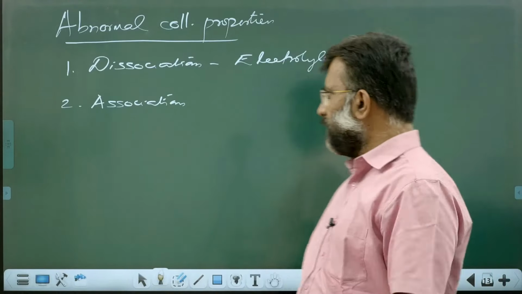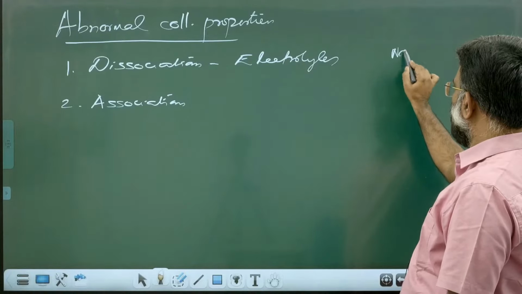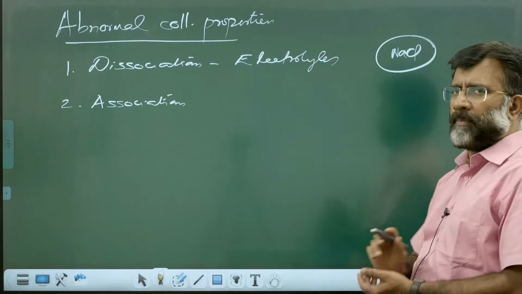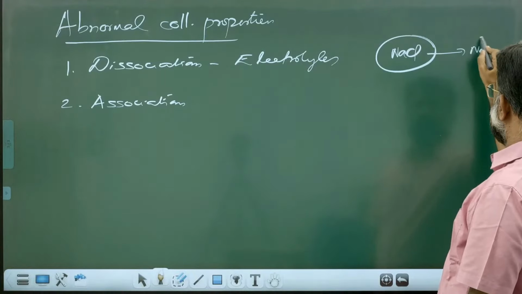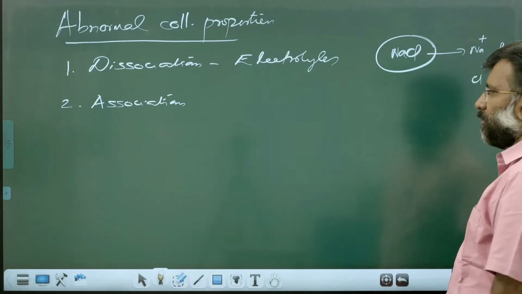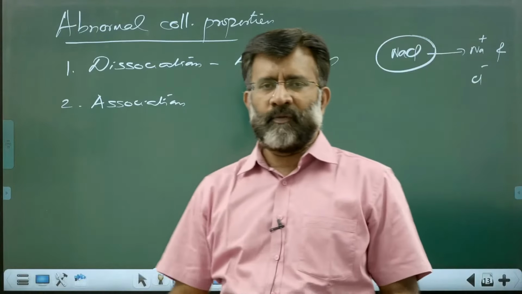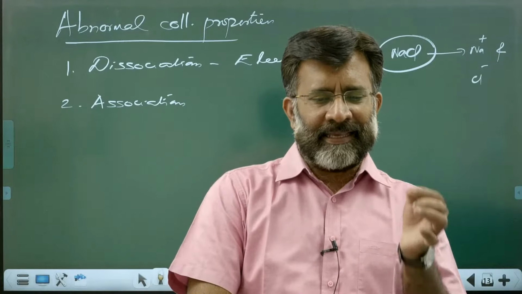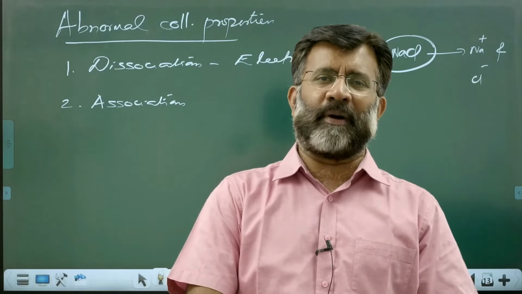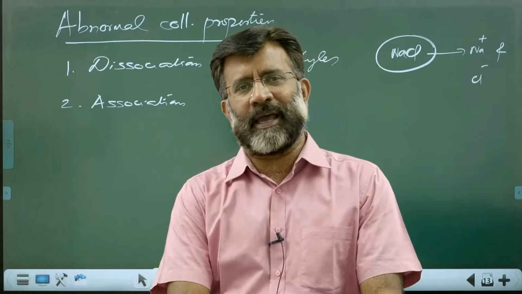For example, if you take NaCl, and you are talking about 1 lakh particles of NaCl, all of us know NaCl will split into Na+ and Cl-. 1 lakh NaCl will split into 1 lakh Na+ and 1 lakh Cl-. Each one acts as a solute particle. So effectively there are 2 lakh particles.